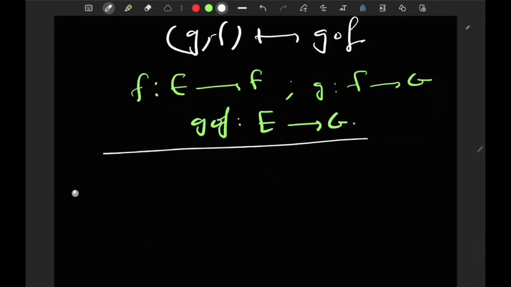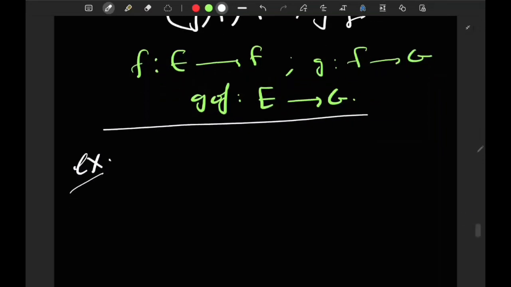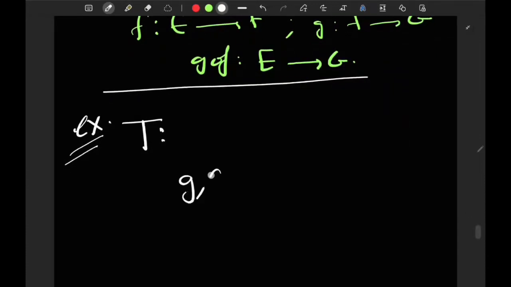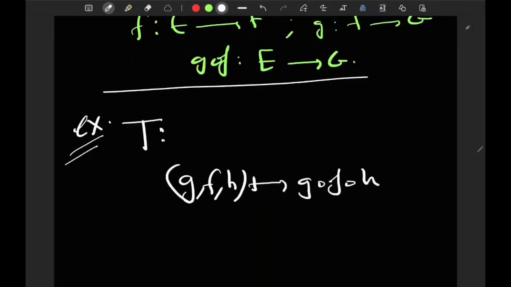Okay, so let's just do an exercise. Let's write it as an exercise. If you need anything about it, you can just leave a comment somewhere. So in this exercise, let's say we have this trilinear map T, taking (g, f, h) and giving g round f round h.